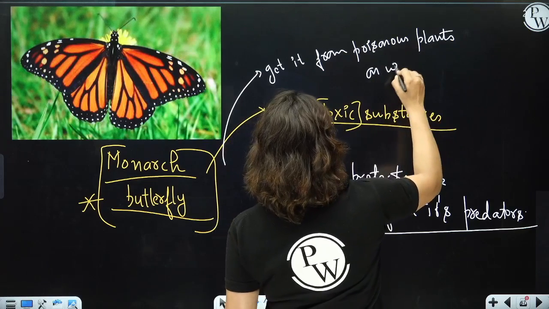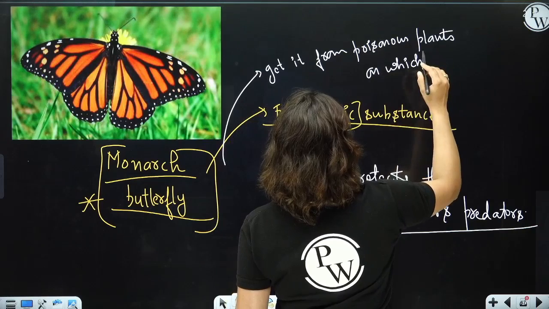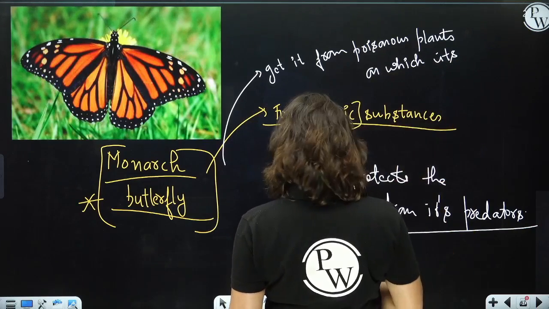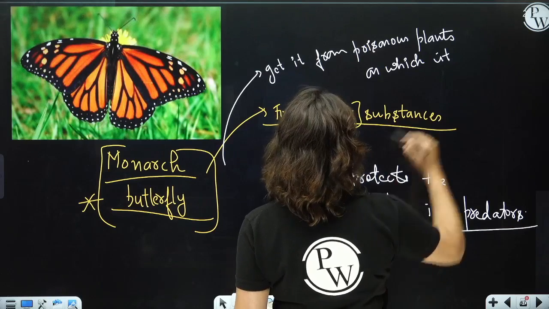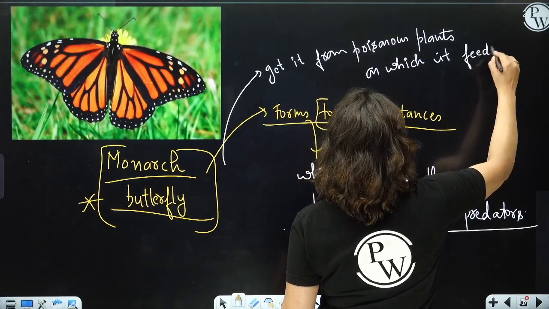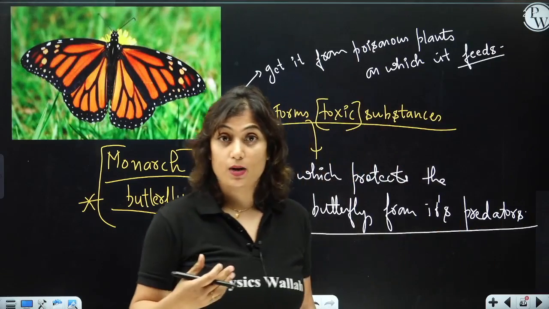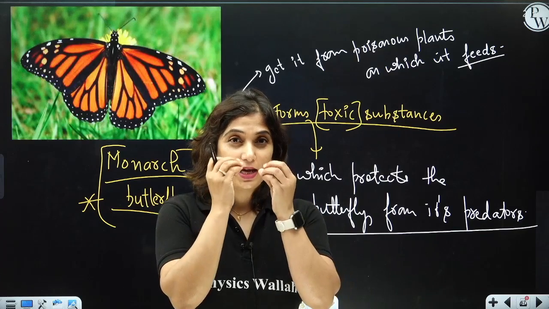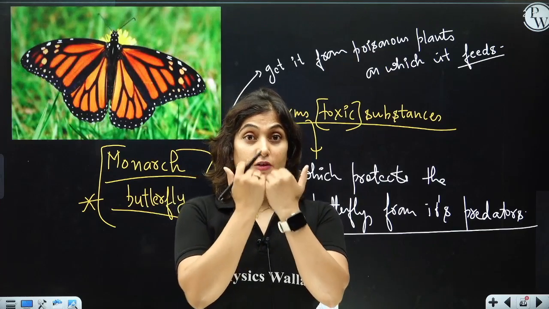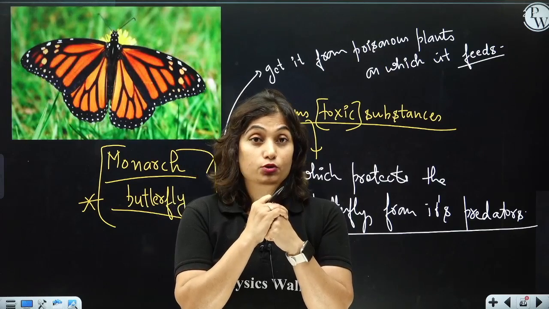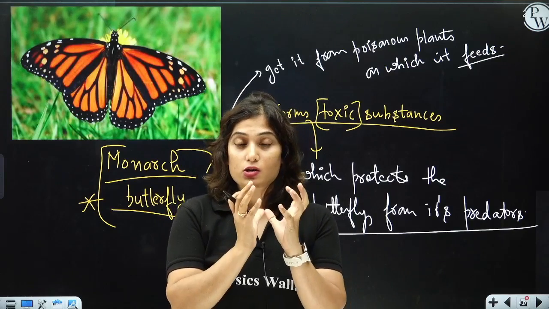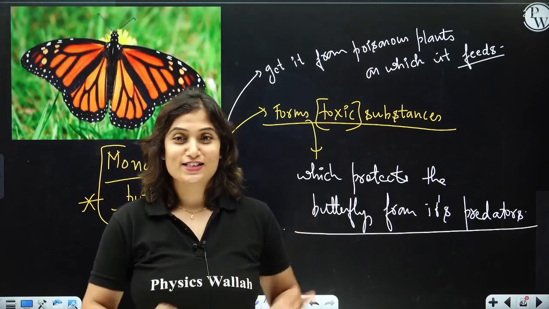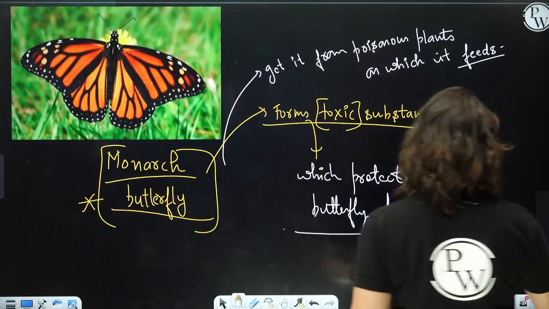So monarch butterfly feeds on a poisonous plant during the caterpillar stage, and that poisonous plant had that toxic substance. So this butterfly retains that toxic substance throughout the life, and this toxic substance protects the monarch butterfly from its predator. So many adaptations are there, right?